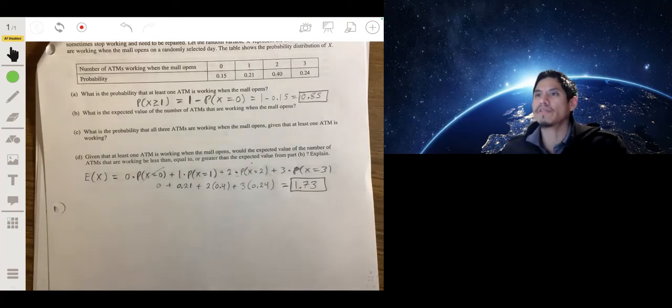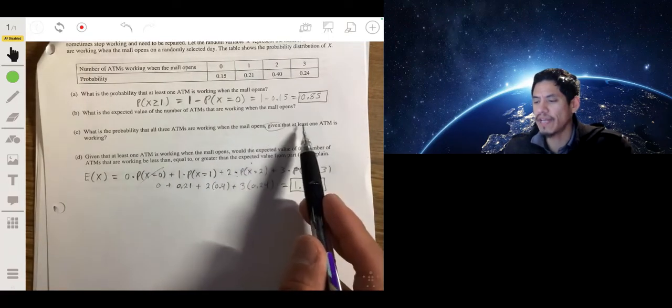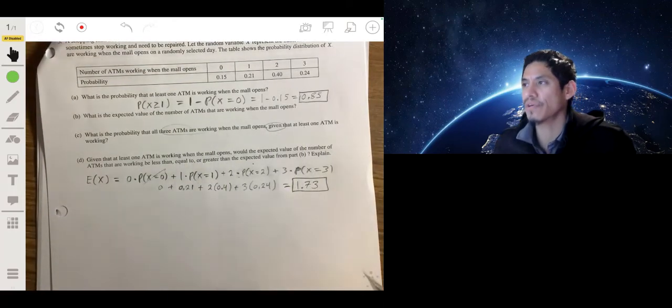Part C: what's the probability that all 3 ATMs are working, given that at least one ATM is working? Let's pay attention to the word given.